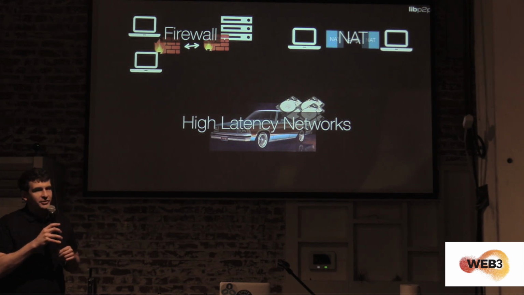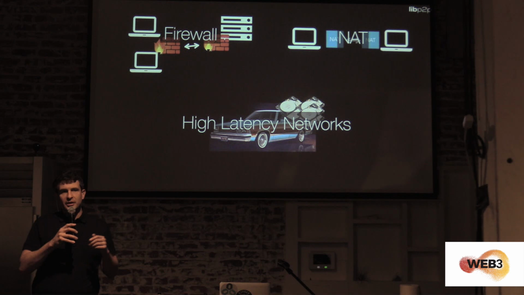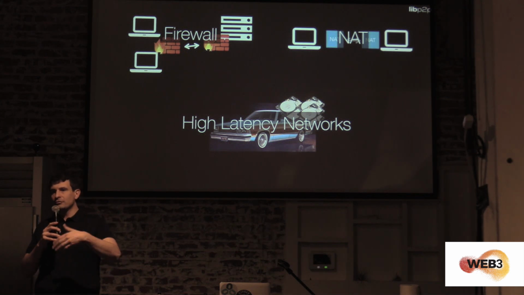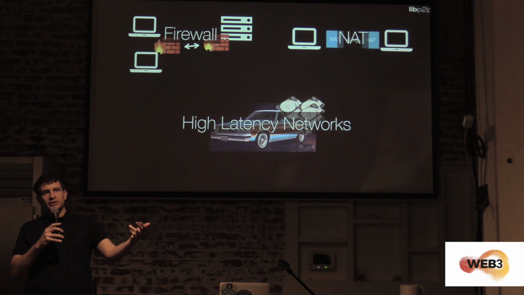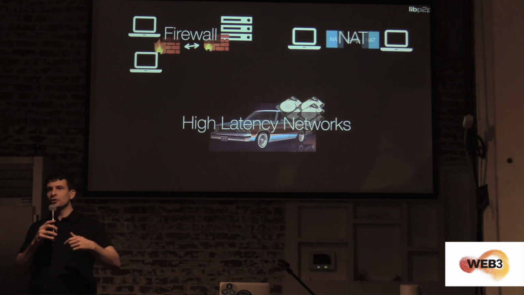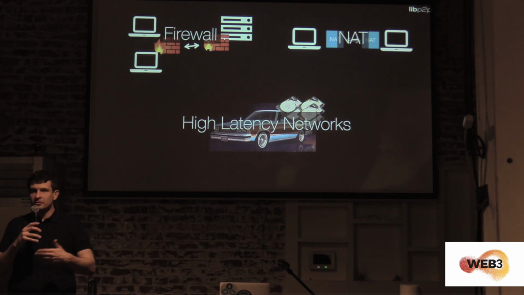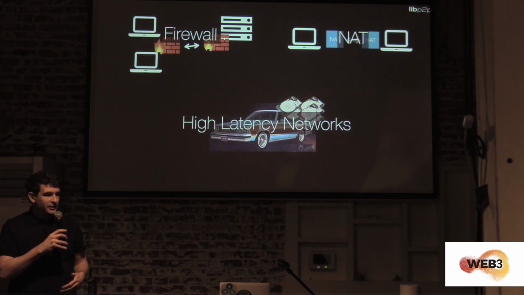A second, related problem is network address translation. Almost every machine on the internet is behind some kind of NAT, and the consequence of that is that two peers can't really communicate with each other because they often don't know what their public IP address actually is, and it's not always trivial to determine what it is.